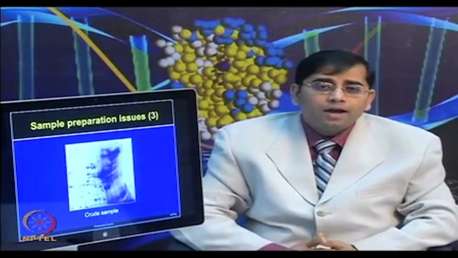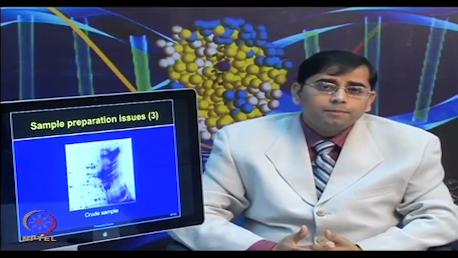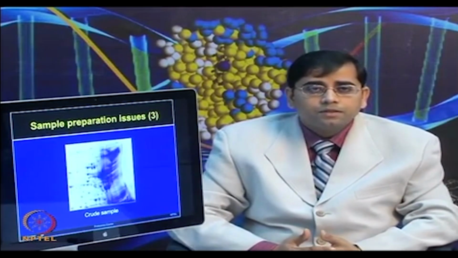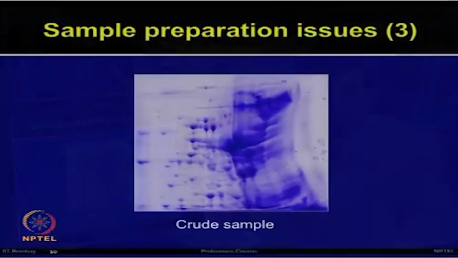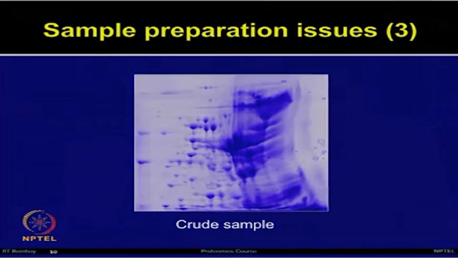Now, if you have samples which have proteins in high abundance, such as a crude serum sample, these samples will show different interference in the focusing strip because of large amounts of salt and other interfering components present, and then you can see these types of bad gels because of either the salt or different types of abundant proteins present in the mixture.